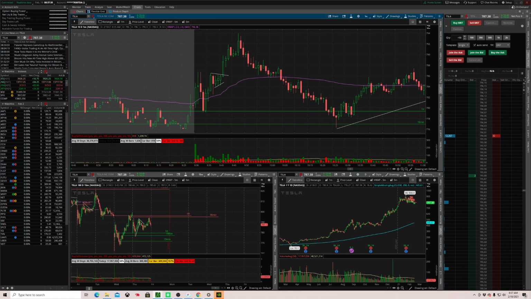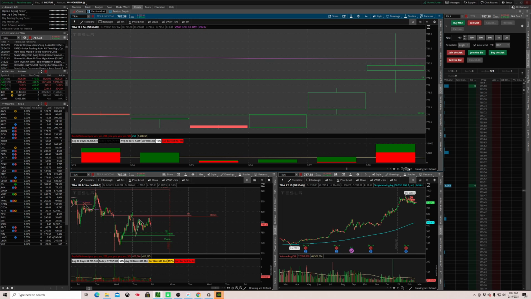Can I annotate on this? Oh, I haven't figured it out. But anyway, I'm going to use the drawing tools. So if we take the circle, so Tesla comes in. The first thing you need to figure out is where is the first pivot. So this is the first. Oops. Oh no. Let's go back.